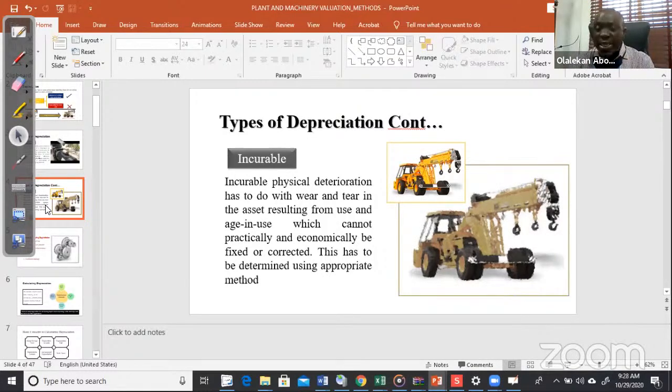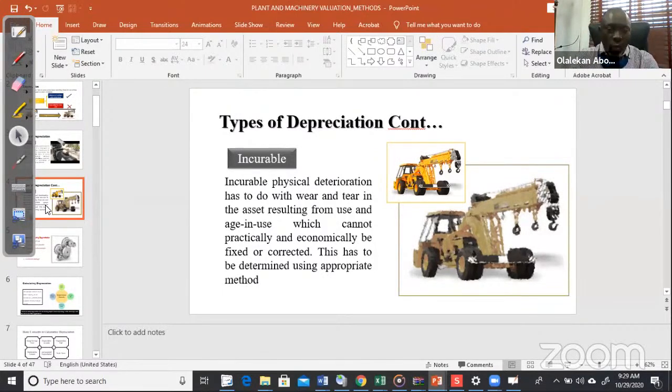They emerge, they feature, they come up because of usage, because of exposure, because of the impact of use. So all these are what we call incurable depreciation. They are not things you can economically fix. They are not things we can correct easily. So they have to be measured. They therefore constitute, for valuation purposes, loss in value.